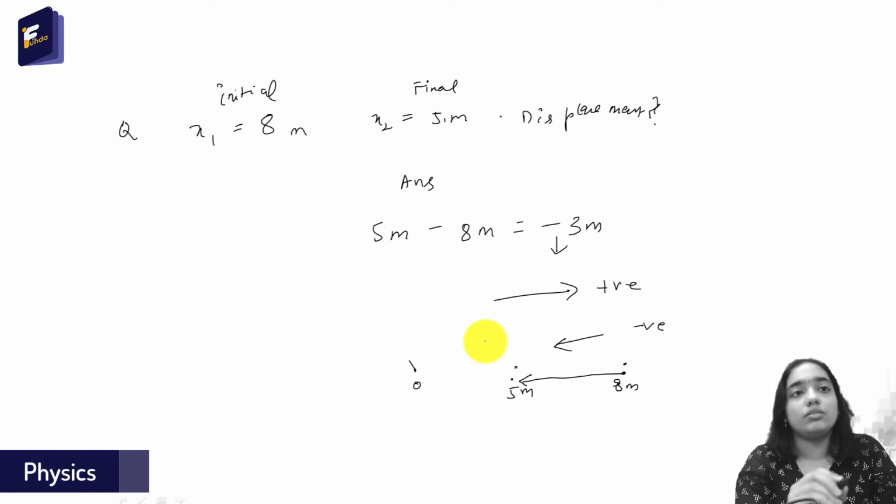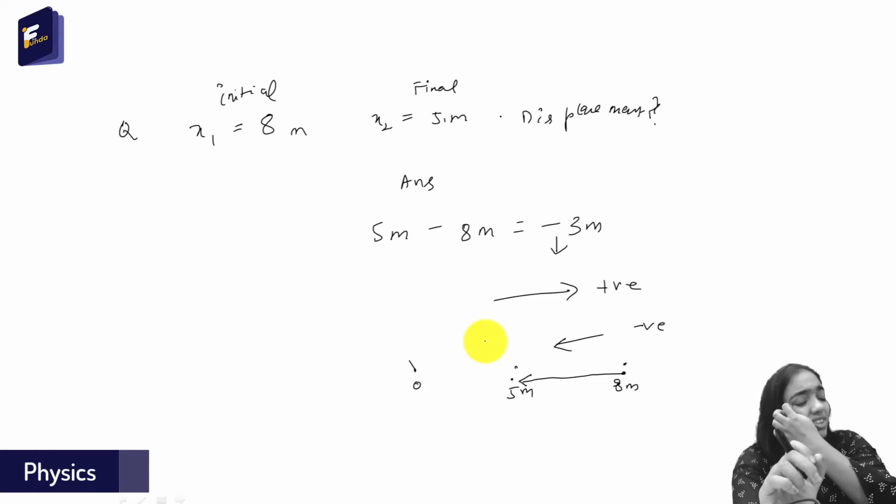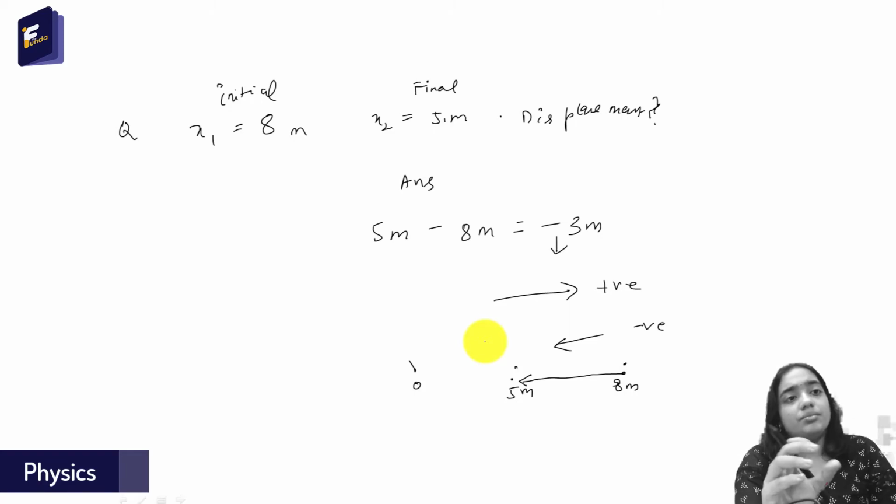In words, we would say that the particle has moved 3 meters towards the left direction. This is the way we represent displacement in physics.